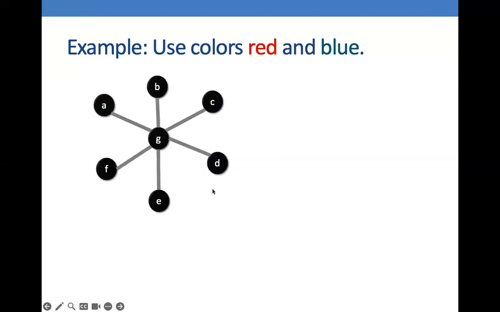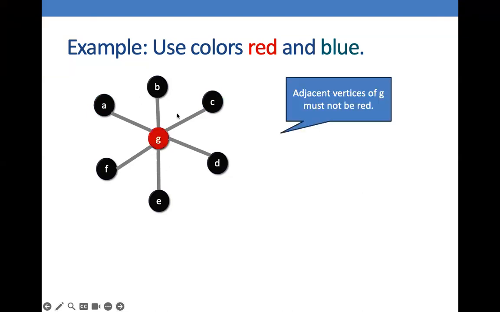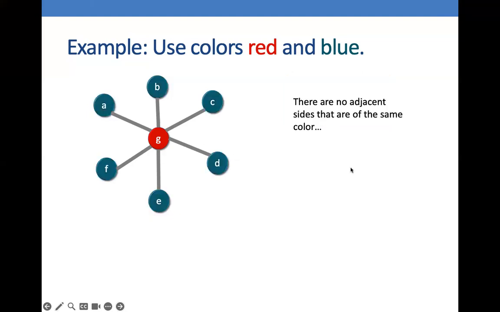So let's go to the next example. And we also have this graph. Is it bipartite or not? So let us color this graph into red and blue again. In this case, I just started with G. And the adjacent vertices of G must not be red, so we colored them blue.